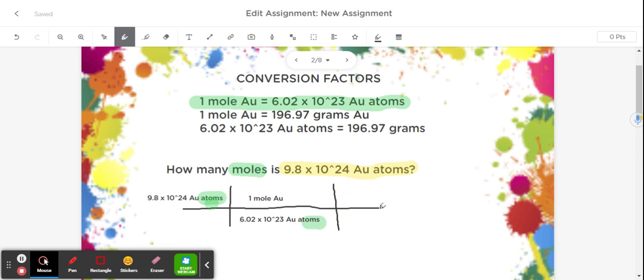Okay, so if we plug this into our calculator, and again, you guys, you've got to practice plugging things into your calculator with scientific notation. This is a perfect example of something that will not give you the right exponent if you don't plug it in right. So I'm going to take 9.8 times 10 to the 24th, and divide it by 6.02 times 10 to the 23rd.